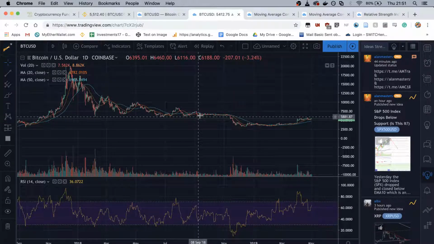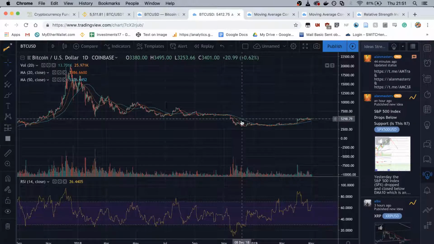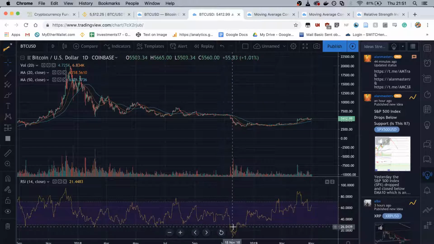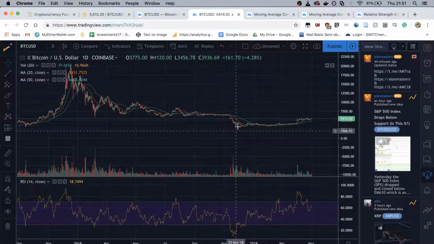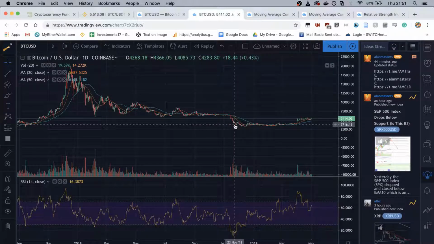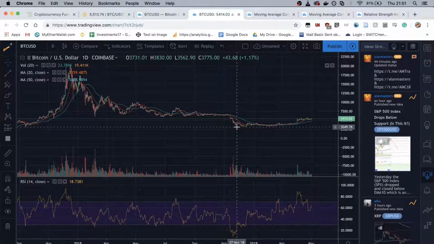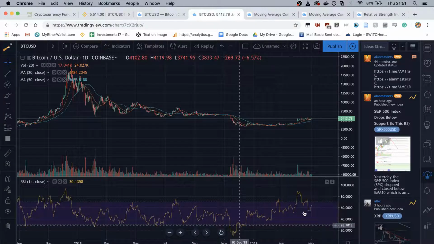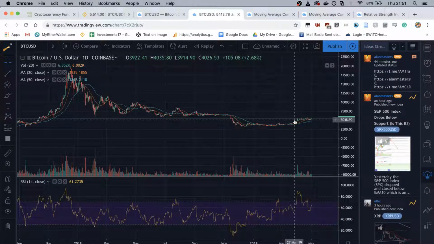So now here the last purchase I made, it was around, but I didn't buy Bitcoin though. I bought some other coins. I bought around when the RSI actually sunk down to the low levels, and I bought some. So this is a very good indicator.